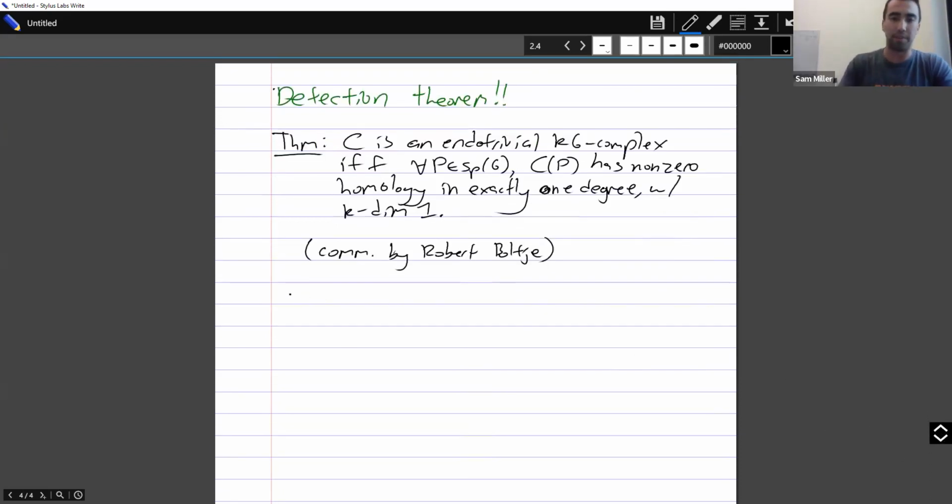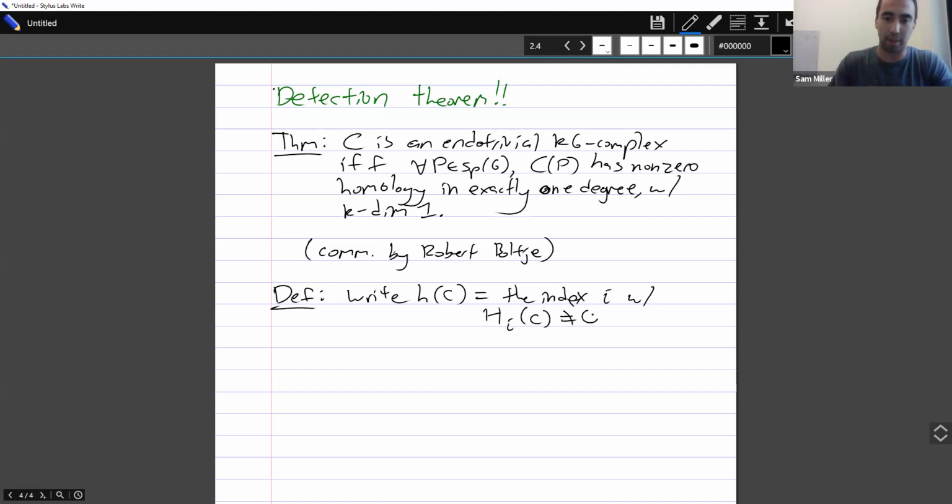And so with this, we can have some notation. We can write h(C), which I call the H-mark of C, equal to the unique index i with H_i(C) being non-zero.